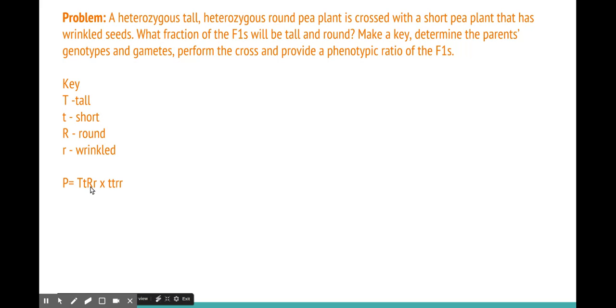In regard to the other pair of chromosomes present in all of the cells of this parent, one member of that pair would have a big R recipe on it, and the other member would have a little r recipe on it. So the parent genotypes are big T, little t, big R, little r, being crossed by the other parent, the one that is wrinkled and short, little t, little t, little r, little r.